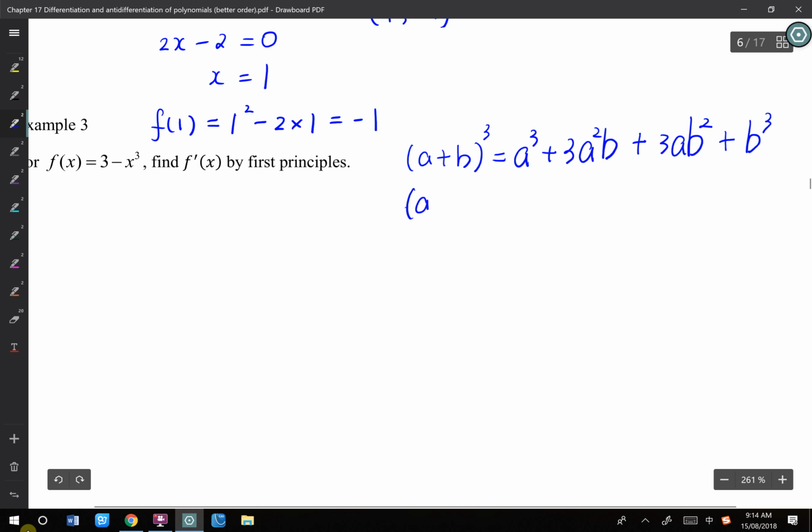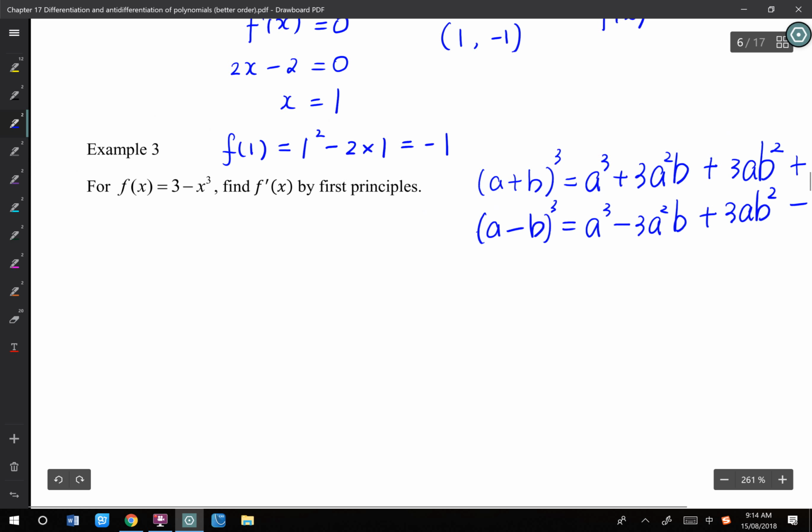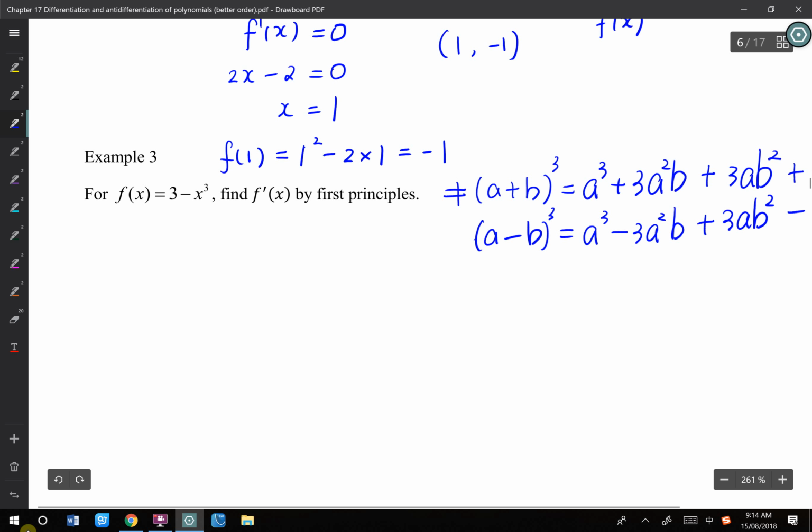How about a minus b cubed? Minus b cubed. Okay, so for this question, you need to use this formula here. So try to use first principle to find f dash x for me.